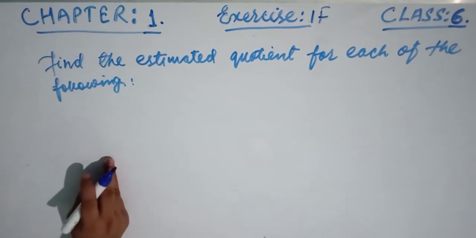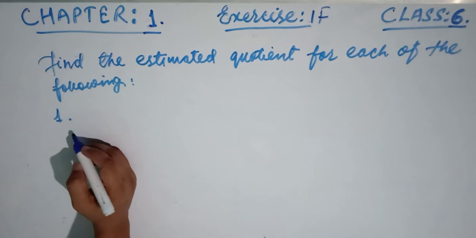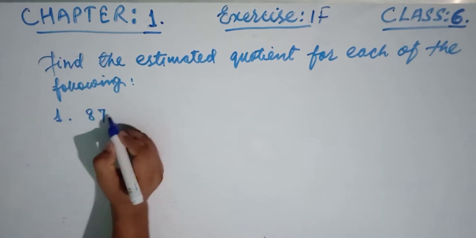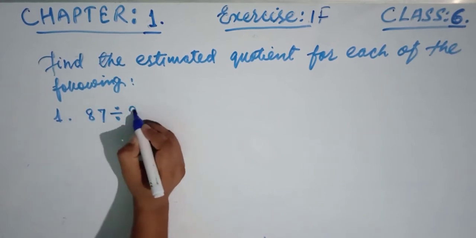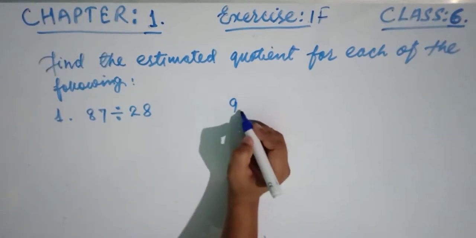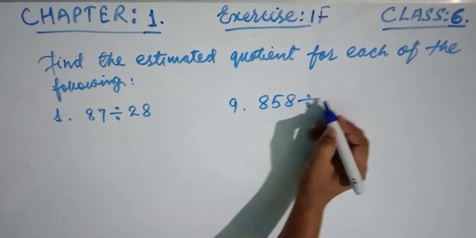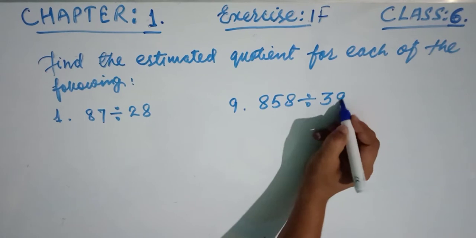Now here question number 1, take 87 divided by 28, and question number 9, 858 divided by 39, friends.